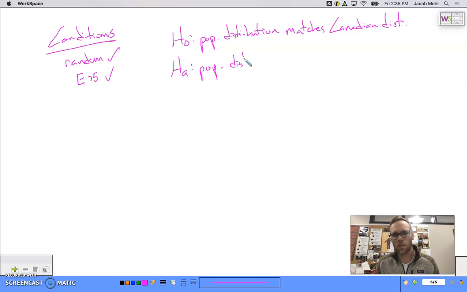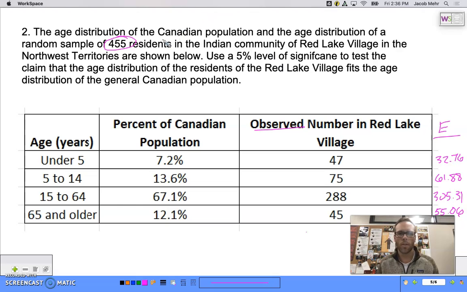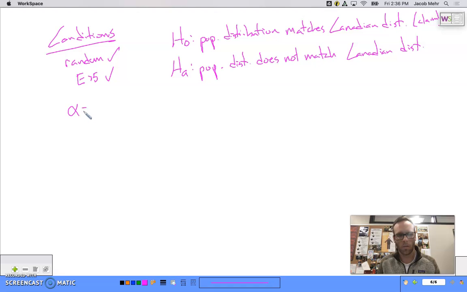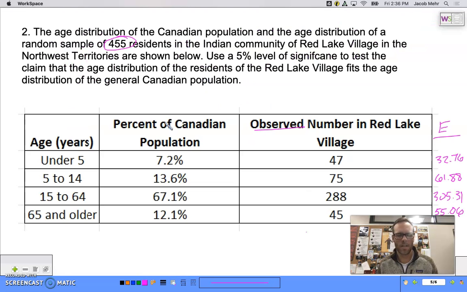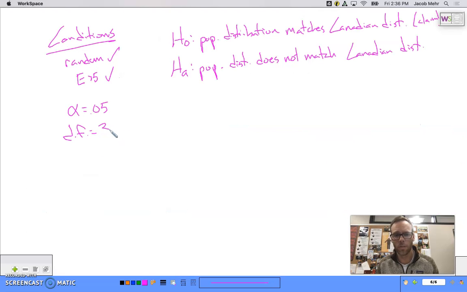Population distribution does not match Canadian distribution. This one's our claim. All right, so let's see here. Level of significance, 5%. Degrees of freedom. Okay. Remember, that's number of categories minus 1. There's only 4 categories here, so our degrees of freedom is only 3.